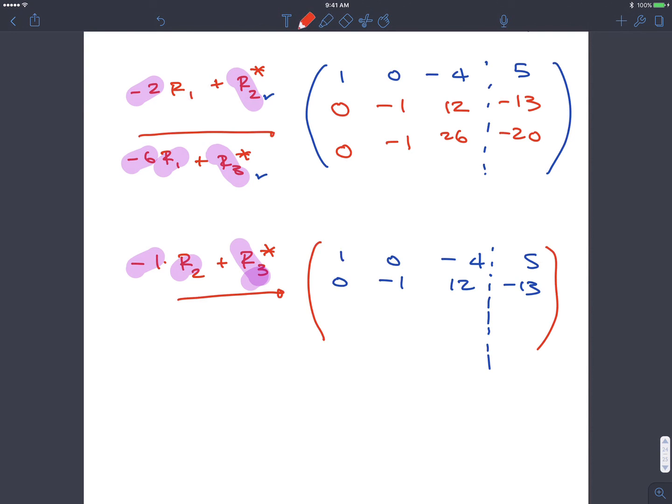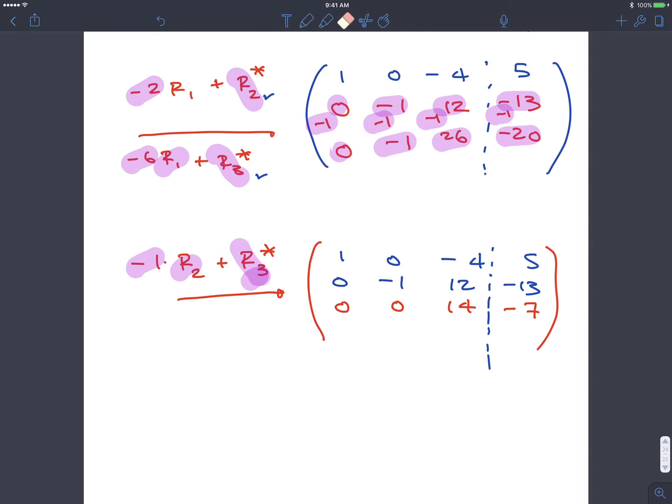Let me notate this. -1 times 0 plus 0 is 0. -1 times -1 is +1, plus a -1 gives me a 0. -1 times 12 is -12, plus 26 is +14. -1 times -13 is +13, plus -20 is -7. Okay.